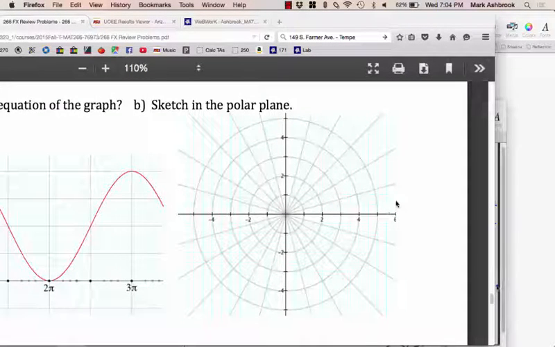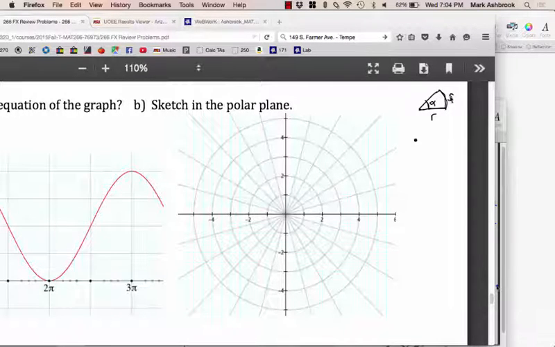So the first thing with area is we have a little setup here. If you have an angle, say alpha, and a radius of r, what is the length of that arc right there? So s is the arc length.